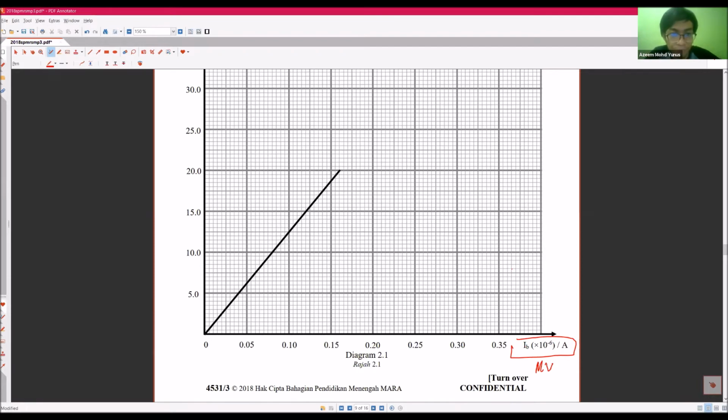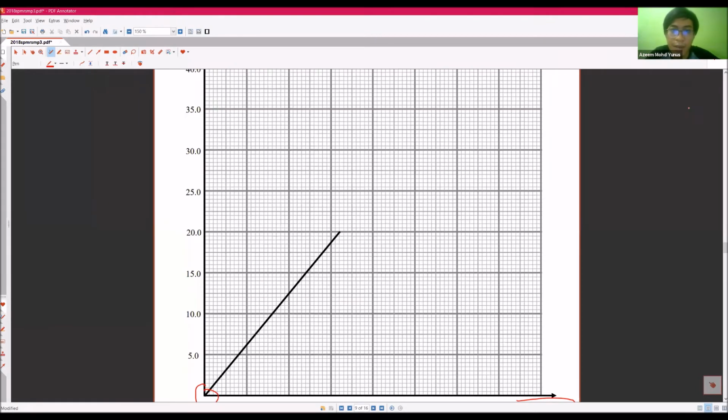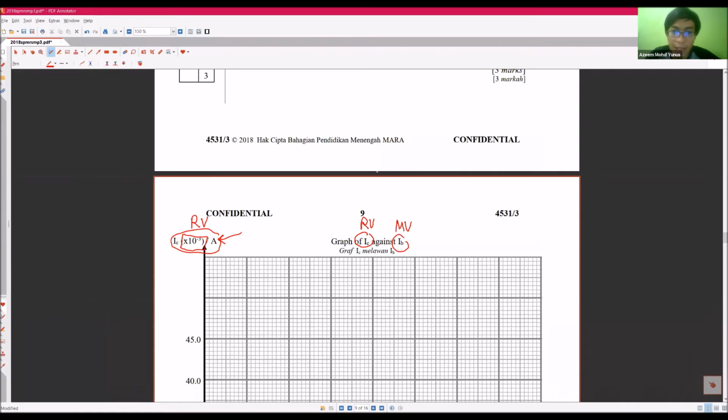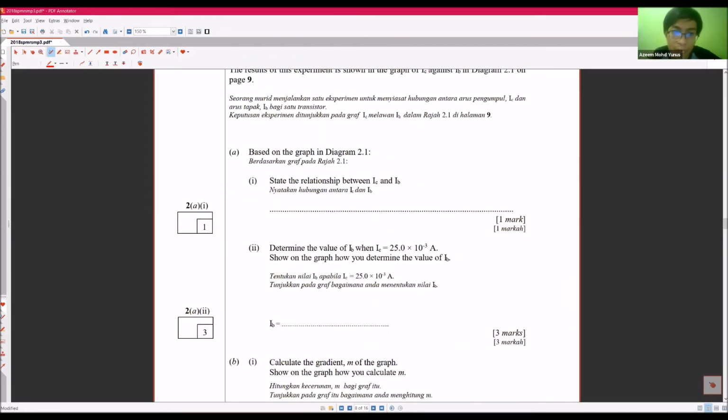Make sure that in your calculation later, you include this multiplier. Based on this small graph here, it's not complete, but it's okay because we can see that the graph touches 0. Thus, this is a directly proportional graph. So let's answer the first question based on the graph in Diagram 2.1. State the relationship between IC and IB.